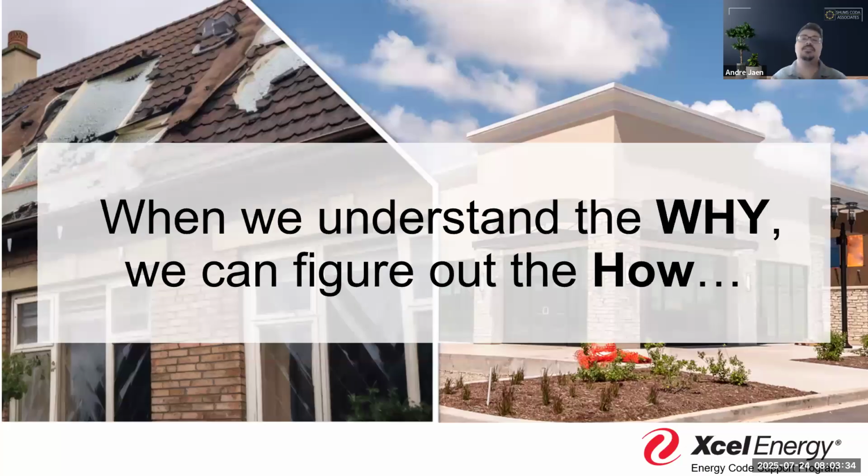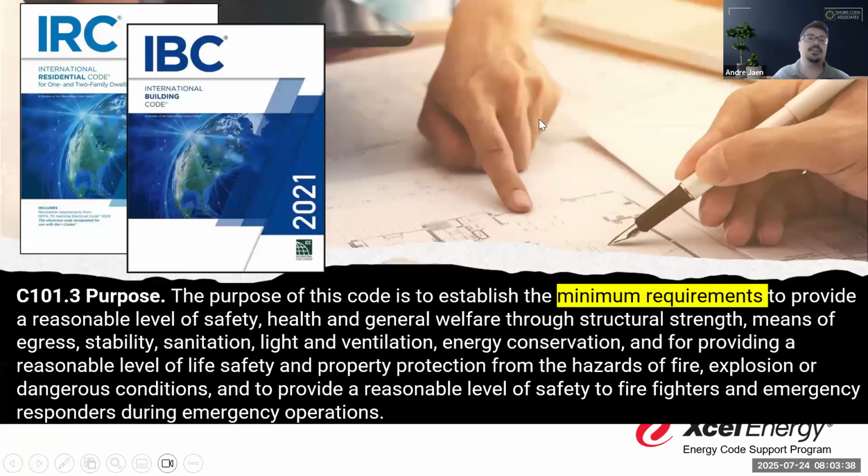So being able to really understand the intent of why this stuff is in the code is going to help you enforce it effectively and get people confident in their ability to pass things like their air barrier test, their air leakage test, their blower door test, all of that good stuff. So let's talk about the purpose statement, right?